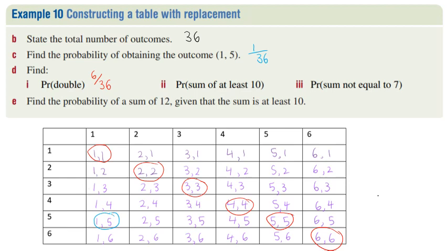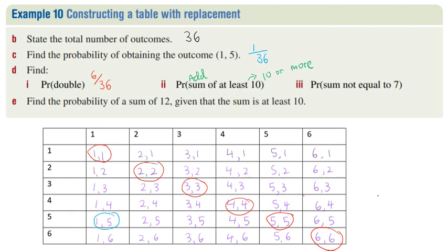Probability sum of at least 10. So that means 10 or more. So we just add up the sum. I'll just write here, add. So they add up to at least 10 or more.